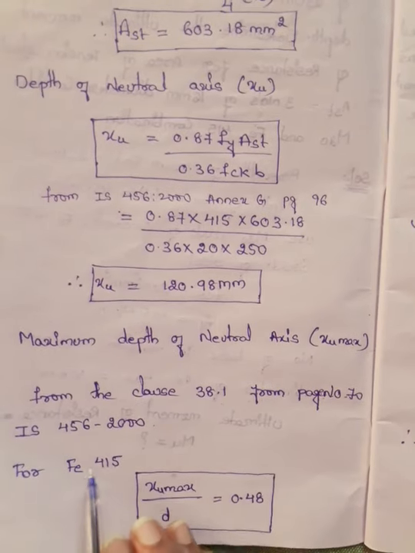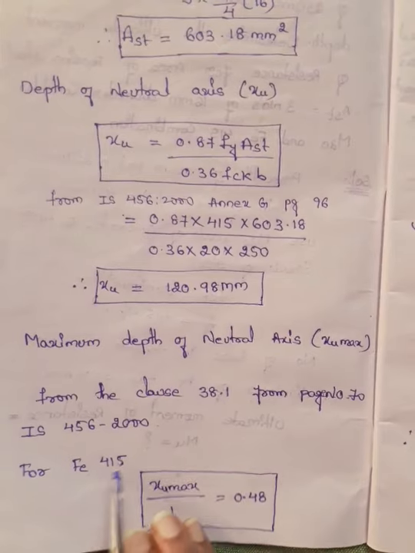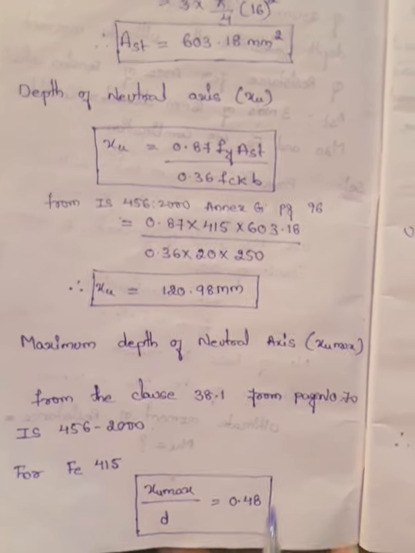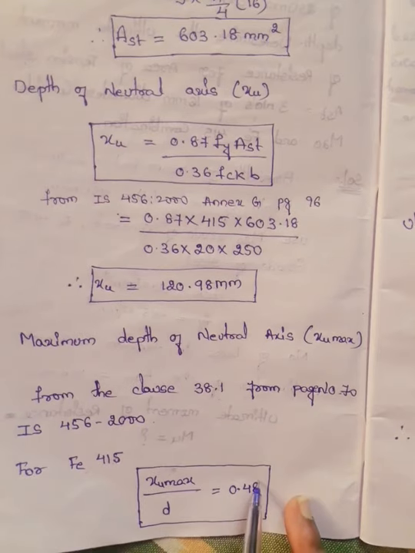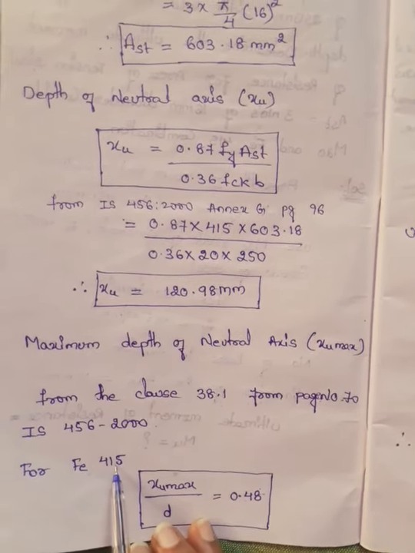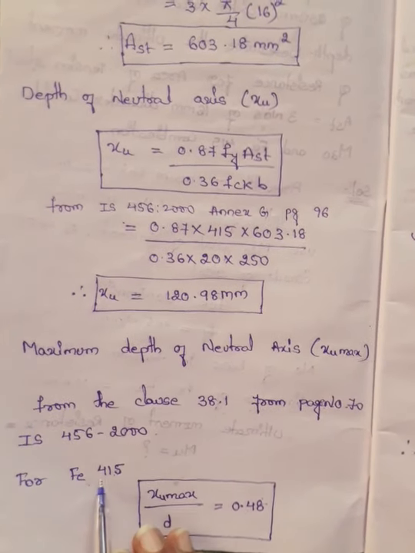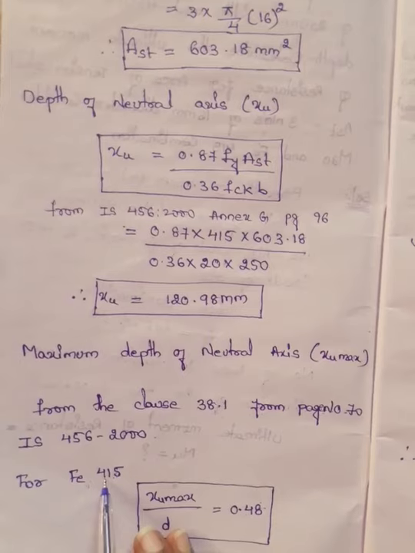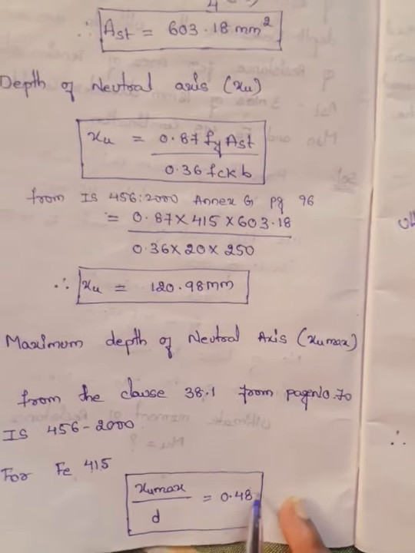Based on these fy values, we have the equations: Xu max by d equals 0.48 for Fe 415. Similarly, we have values for Fe 250, Fe 500 and so on. As we have Fe 415 in the question, Xu max by d equals 0.48.